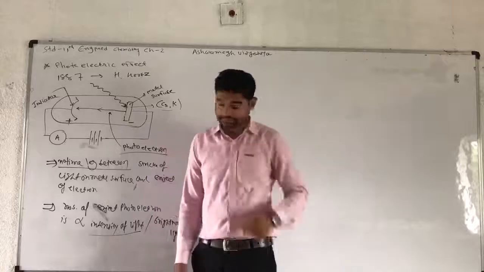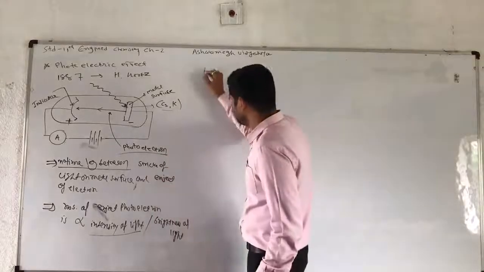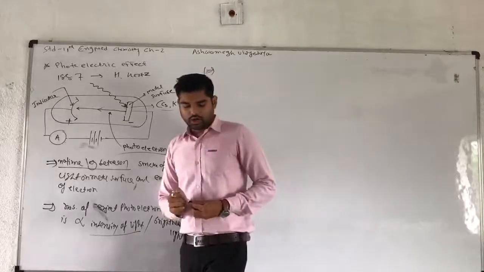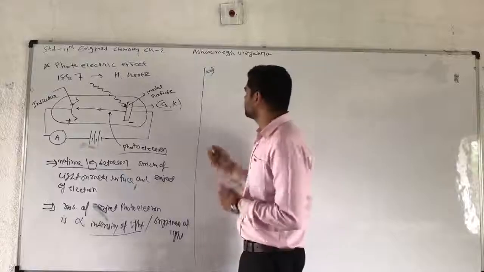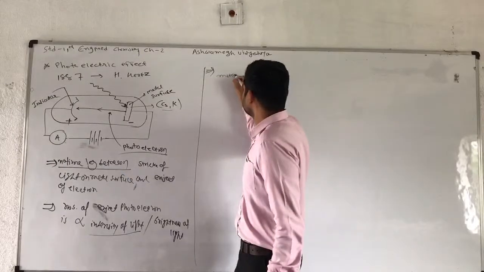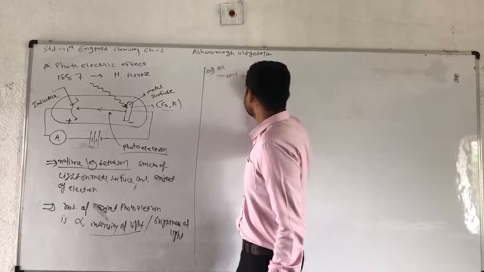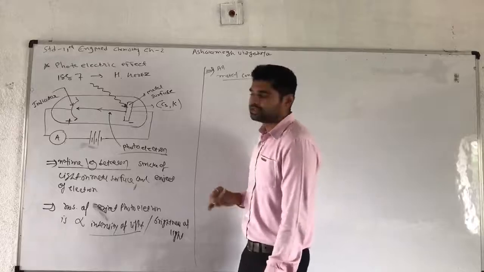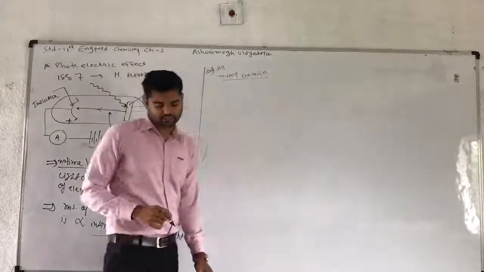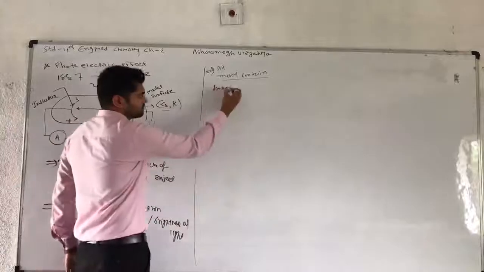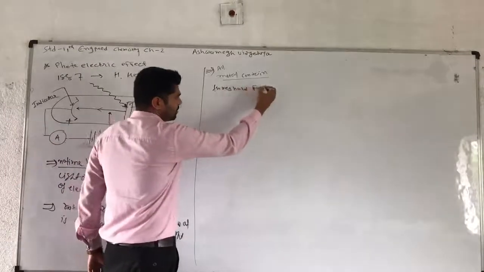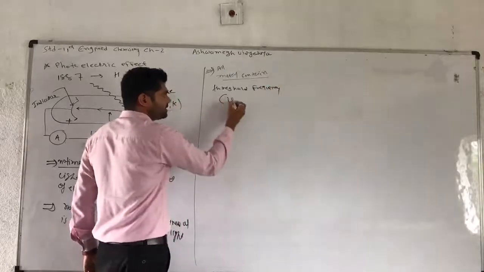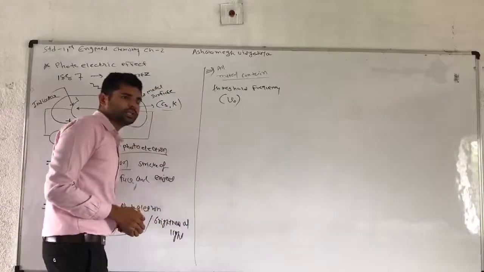Now the third statement is different from these two statements. In the third statement, all metals contain a threshold frequency, represented by mu 0. Threshold frequency means what?